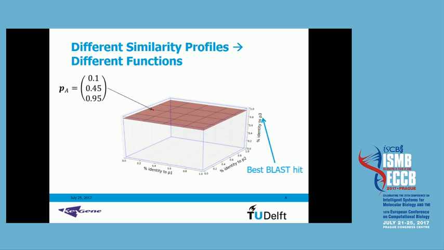Now, if you do the traditional approach and only look at the significant hits, so let's say I had a protein PA that is 95% similar to P3, and I BLAST this protein, then I know that it has 95% identity to the top hit, so it must lie somewhere on this red plane that I have drawn here in this cube. I could have a second protein that also happens to have 95% identity to P3.